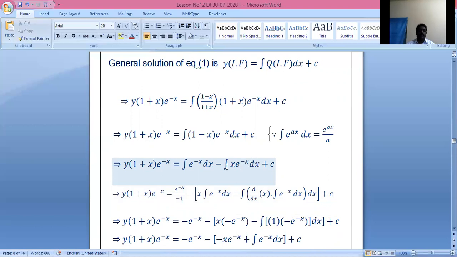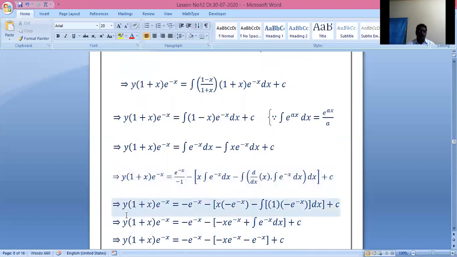By applying integration by parts, we get x into integration of e power minus x dx minus integration of d by dx of x into integration of e to the power of minus x dx, whole dx, plus some c.